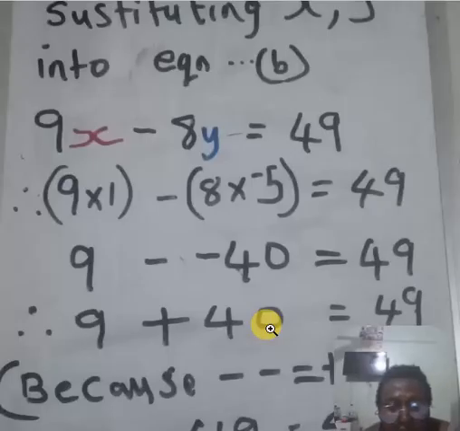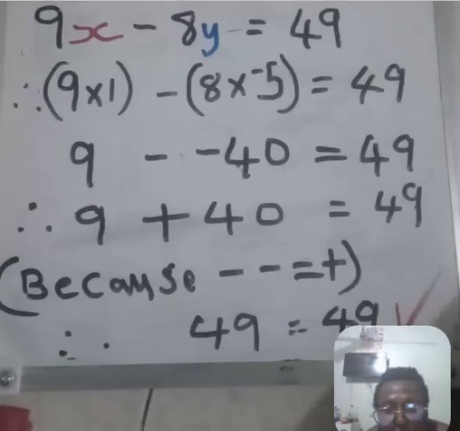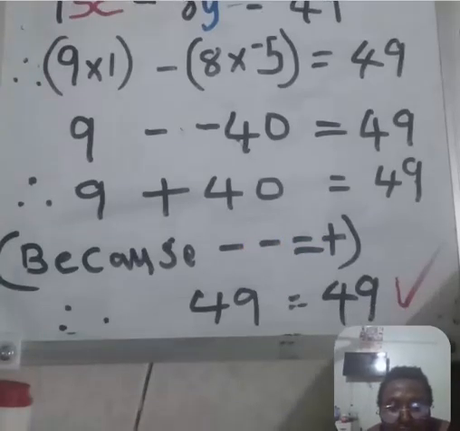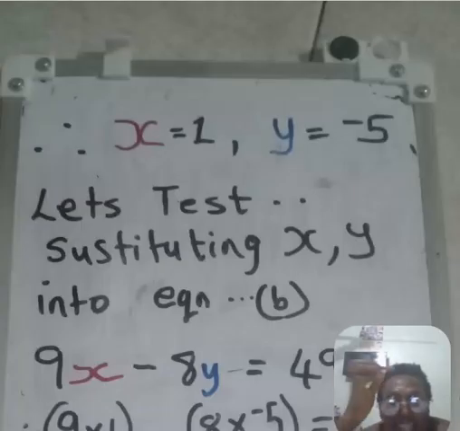So 9 plus 40 should be equal to 49. Yes, minus times minus will give us a plus. So therefore 49 is equal to 49, which is a pass mark. Therefore, this proves that x is equal to 1 truly and y is equal to minus 5.